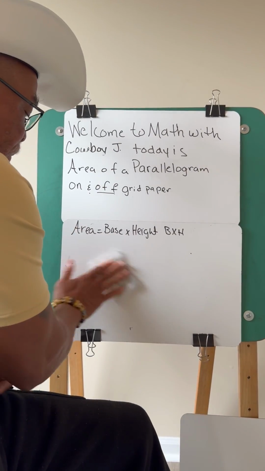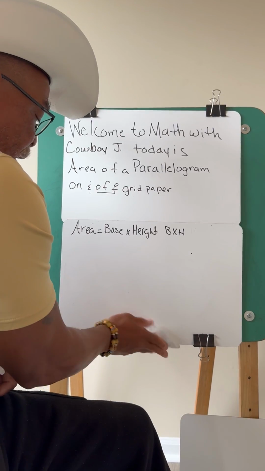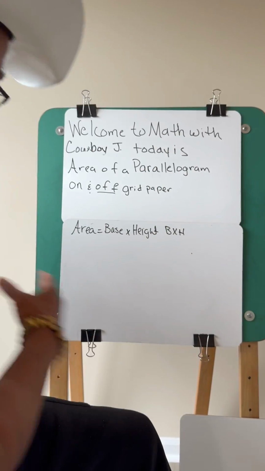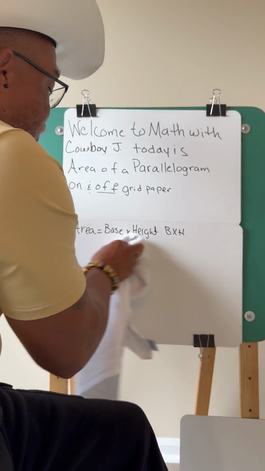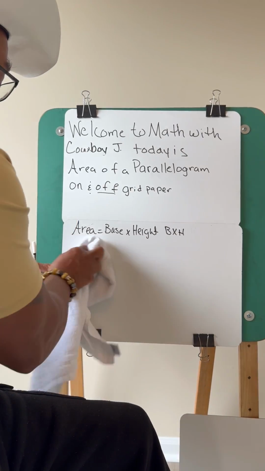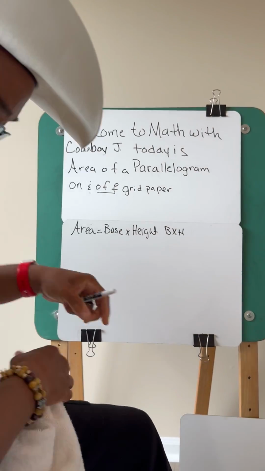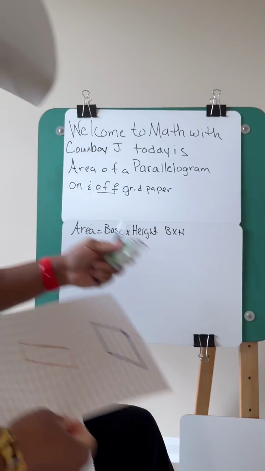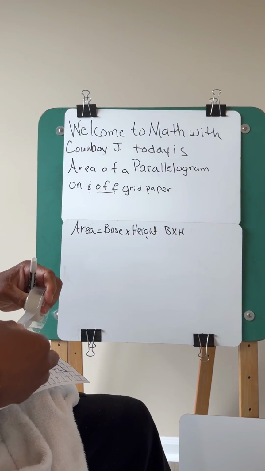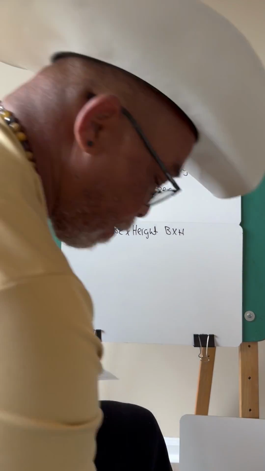All right, now let's find this when it's on grid paper. Still the same formula. It's now just been drawn on grid paper. Let's walk through some examples of those. We'll take this.